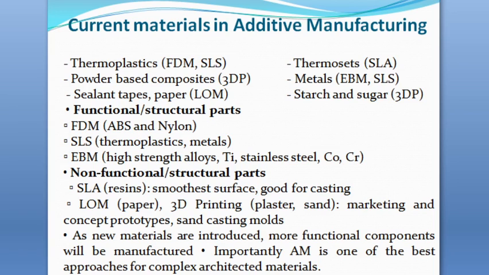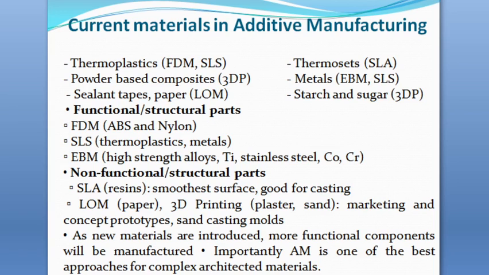For functional components or structural parts manufactured by FDM, ABS and nylon materials are used. In SLS, selective laser sintering, metals and thermoplastics are also used.